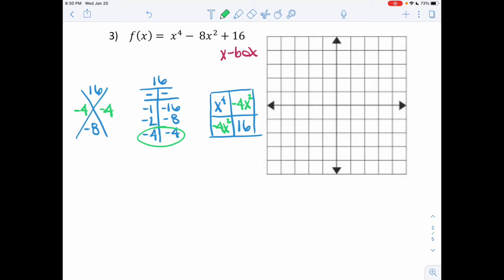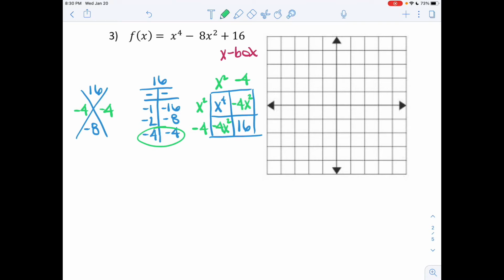I'm going to find the greatest common factor. X squared and a negative 4. Going down the first column, I also have an x squared in common between x to the 4th and negative 4x squared. And then another negative 4, remembering that these negatives occur because the box that I'm writing next to has a negative in it.